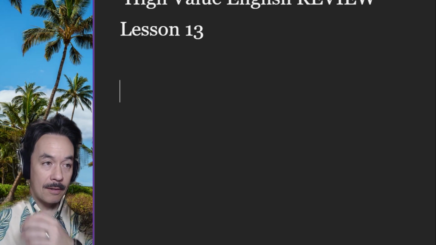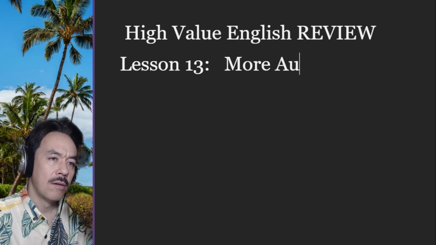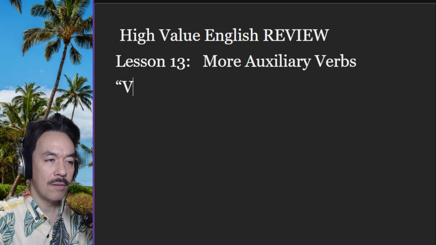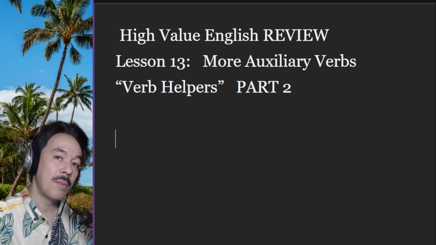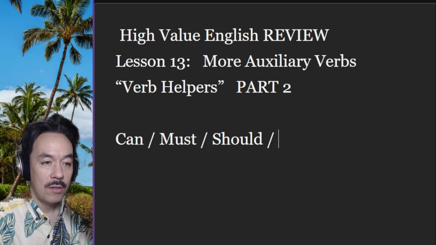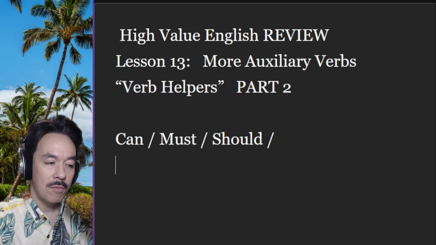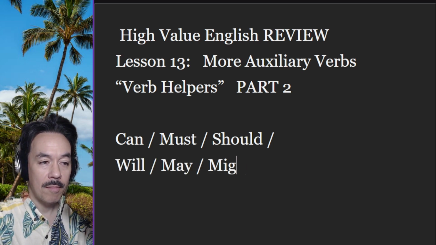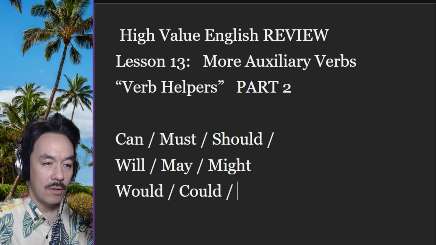Okay. Lesson 13. This is about more auxiliary verbs. Now, what does that mean? I call them the verb helpers, but this is part 2. So the most basic ones are maybe can, must, should, and then maybe that's the first set. Then this one includes will, may, and might. And there's other ones too, like would, could.